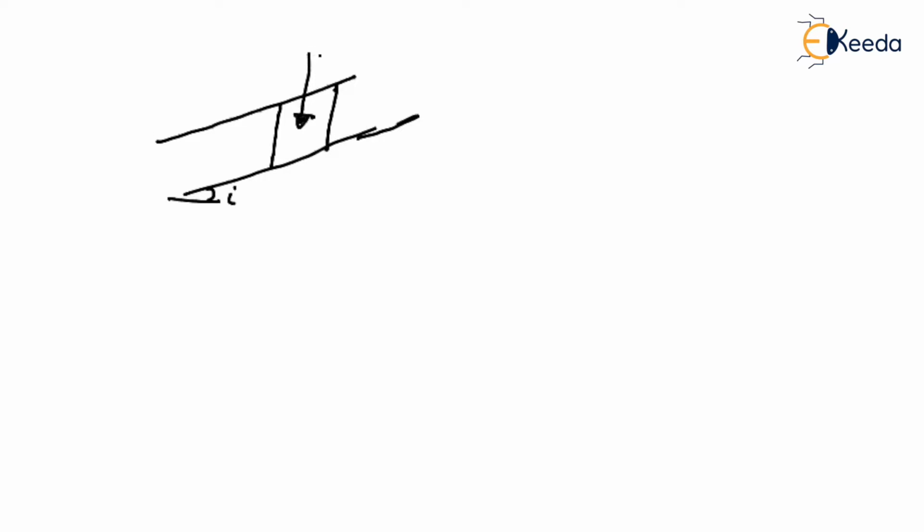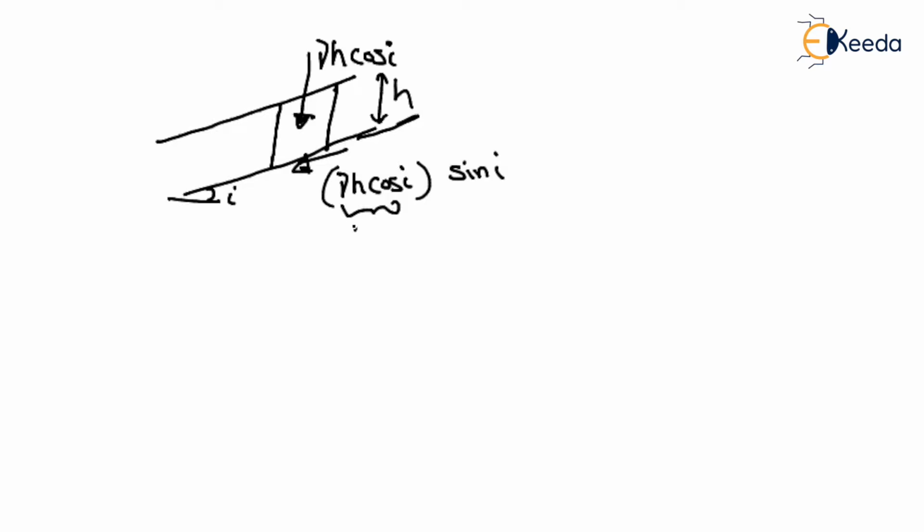If you remember, that will be gamma into h into cos i. So this is the total weight up to a depth of h. If you resolve this self weight along the tangential and normal direction, along the tangential direction you will get gamma h cos i into sin i.